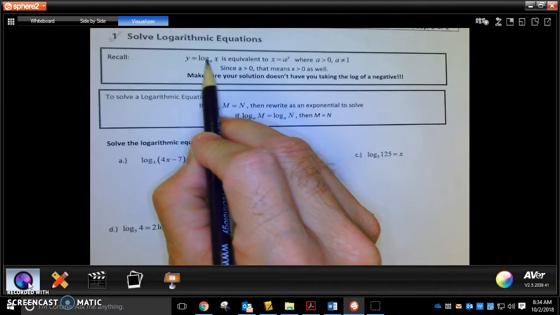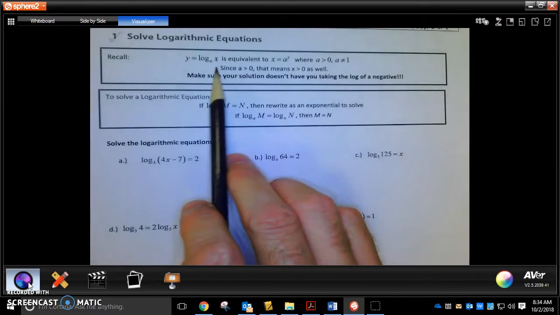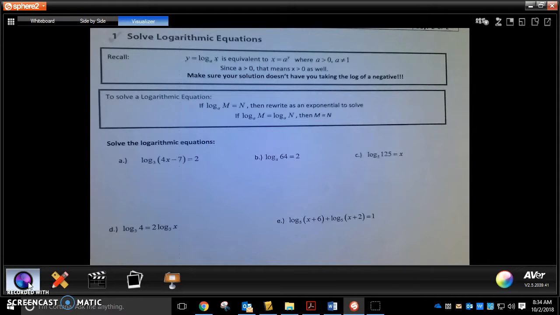Okay, you cannot take the log of a negative. So when we're solving equations, if we get an x value that's negative, we're going to have to check and see if this entire expression will be negative, because if so, then that's an answer we're going to have to discard. All right, we'll talk about that as we go through the problems.